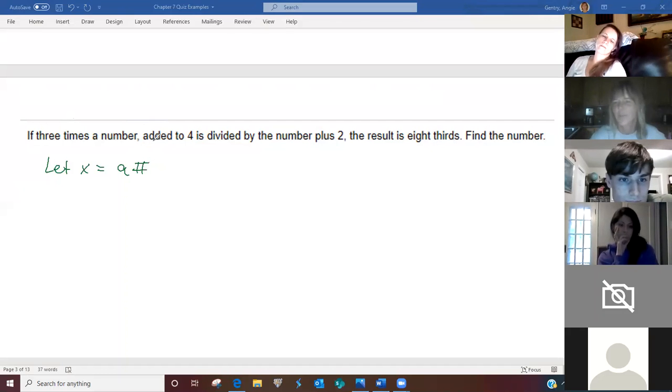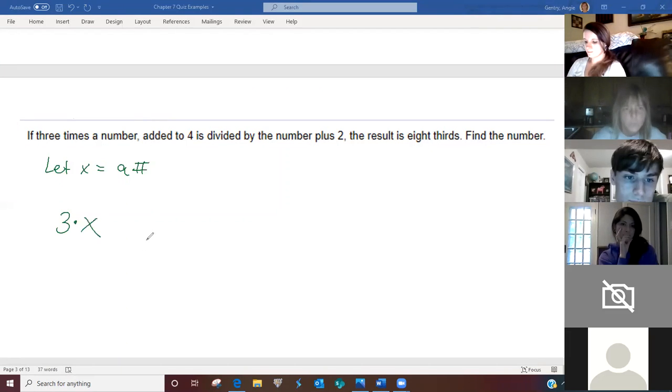You ever hear that one, comma saves lives? Like, "Let's eat, grandma," or "Let's eat grandma" without a comma. Anyway, commas save lives. If 3 times a number, comma, added to 4.